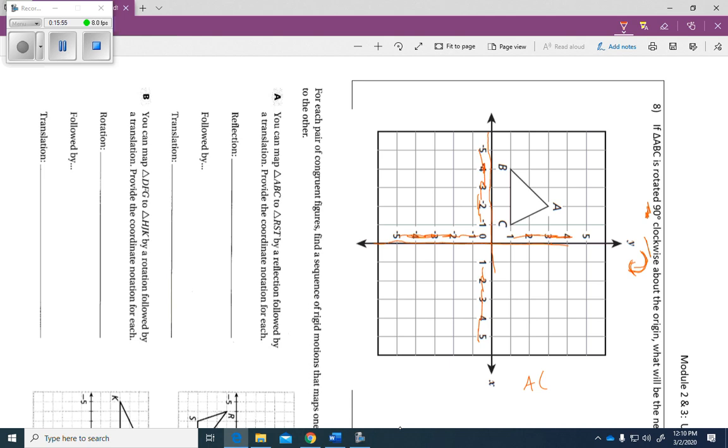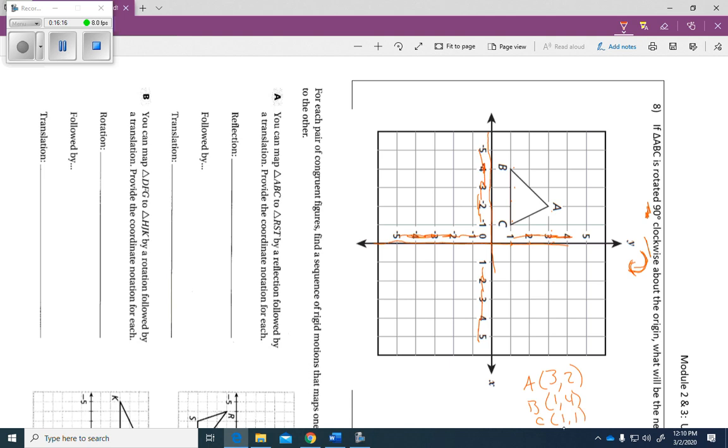I could see that point A is 3 to the right and 2 up. That's 3, comma 2. I could see that B is 1 to the right and 4 up. That's 1, 4. And I can see that C is 1 to the right and 1 up. That would be 1, 1.